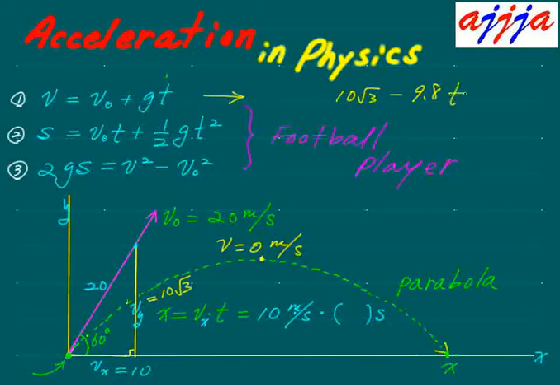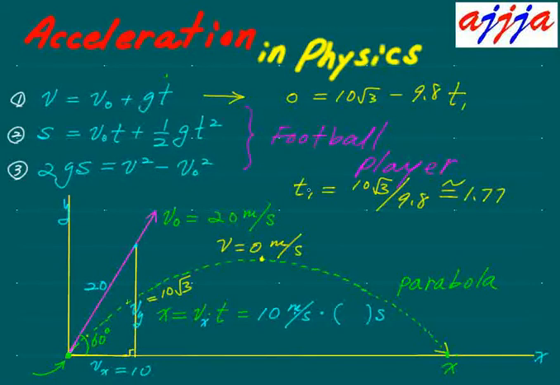Times t1, equals the final velocity, which is v equals 0. This one goes up and stops, then comes down. So t equals 10 square root 3 divided by 9.8.